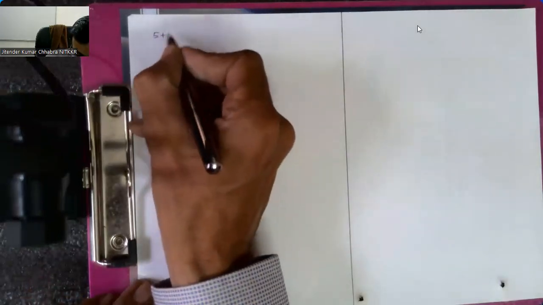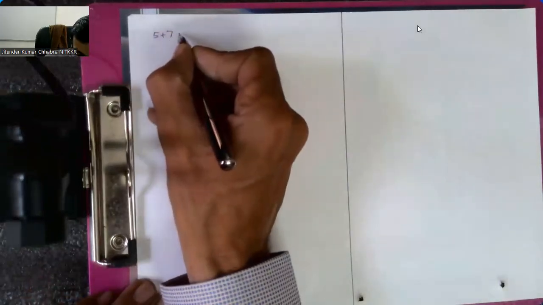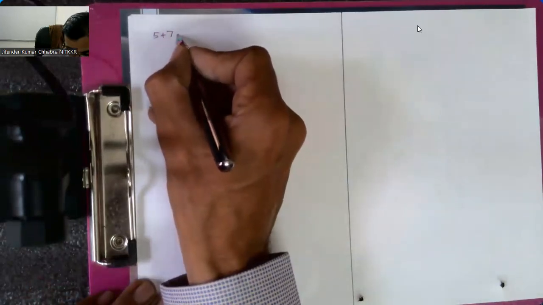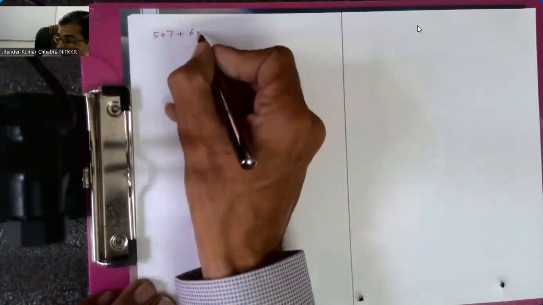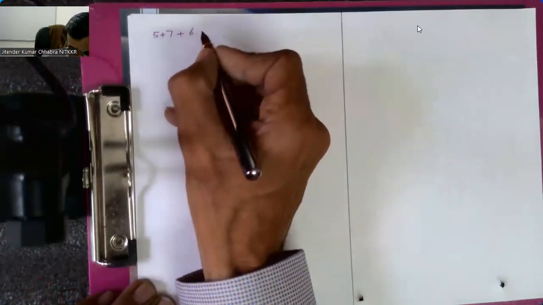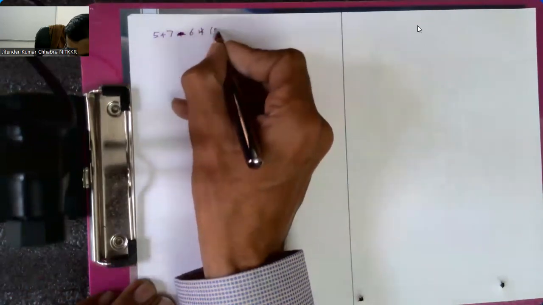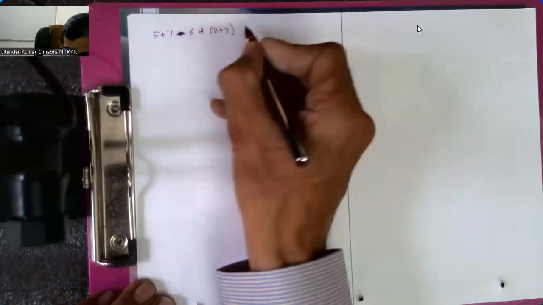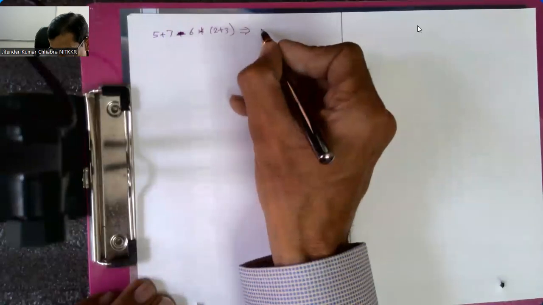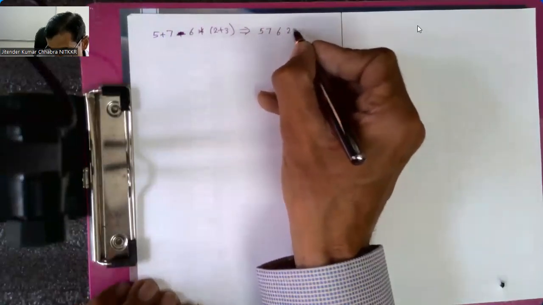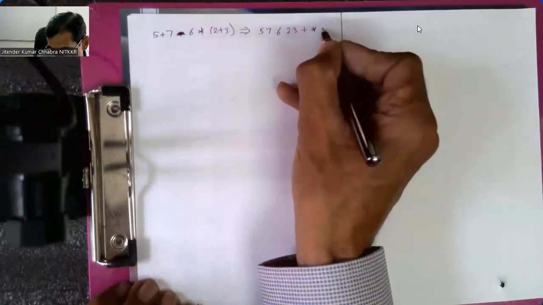Earlier we had 5 plus 7 minus 6 star 2 plus 3. If this was the infix expression, the equivalent postfix is 5 7 6 2 3 plus star minus.